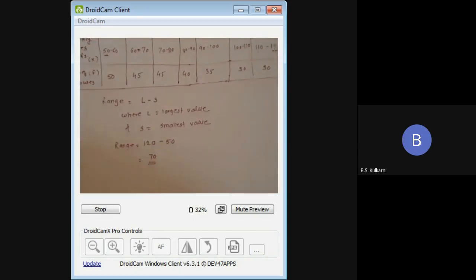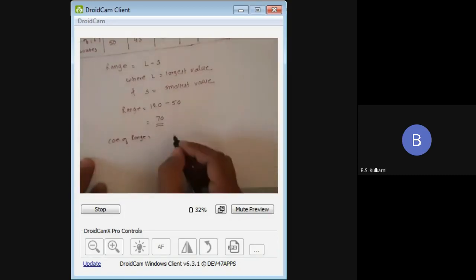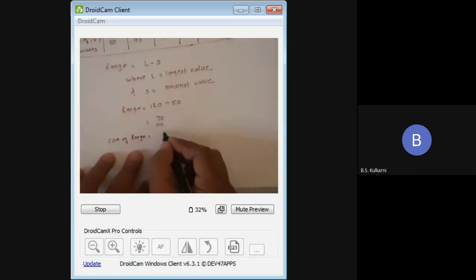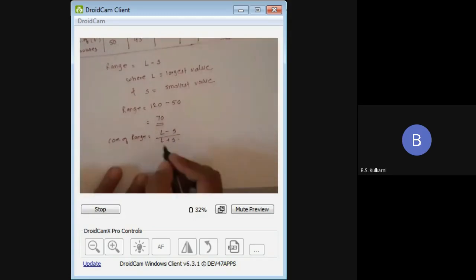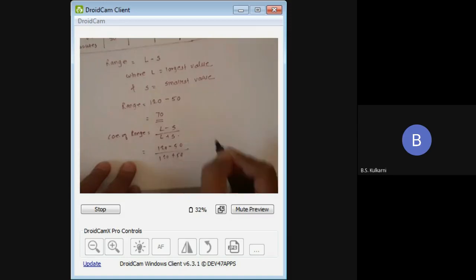Now you have to find out the coefficient of range. So coefficient of range is L minus S divided by L plus S. So 120 minus 50 and 120 plus 50.